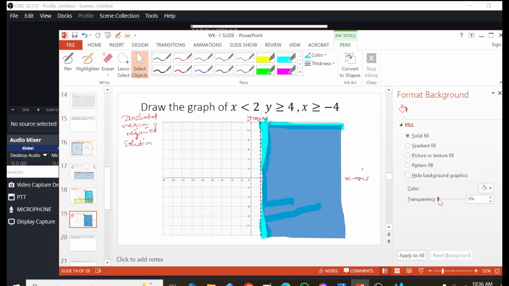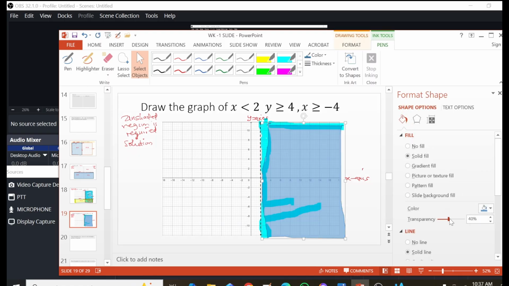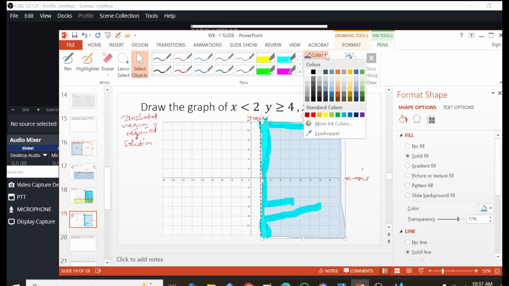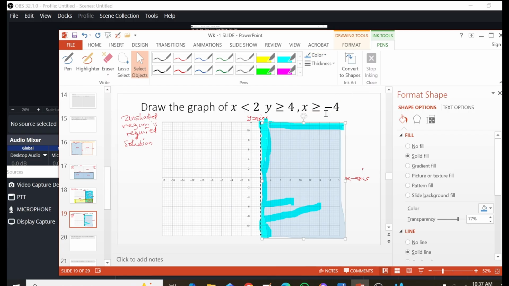Let me make it transparent so that this region should be a transparent region. Yes, you can see that. Let's use color fill. This is unwanted. This is the part that we need.